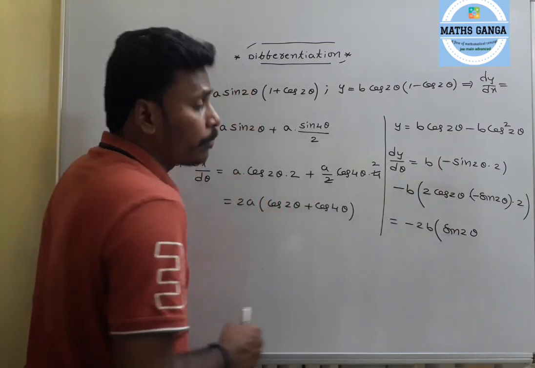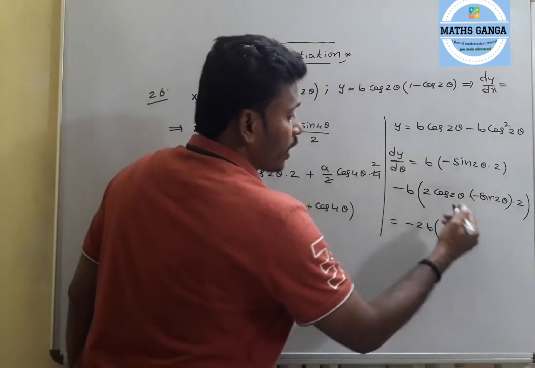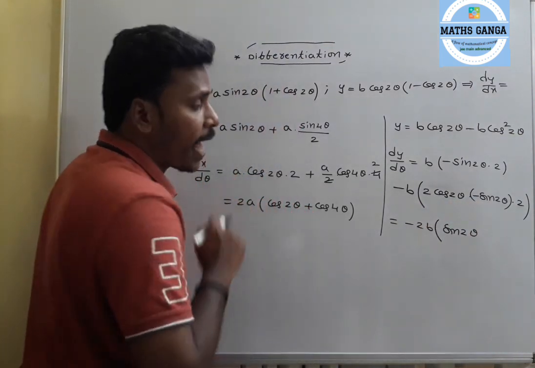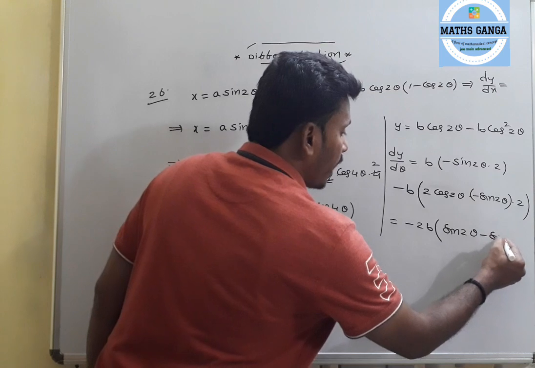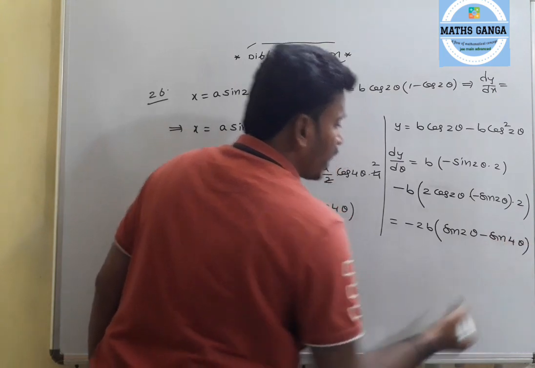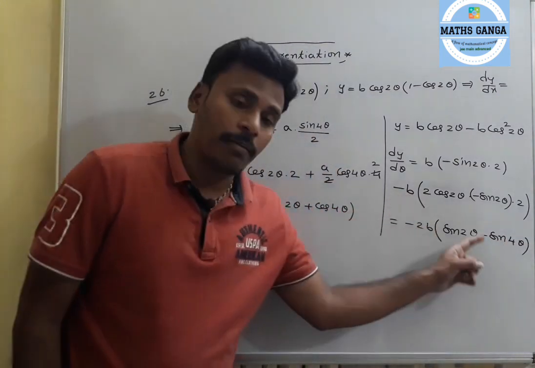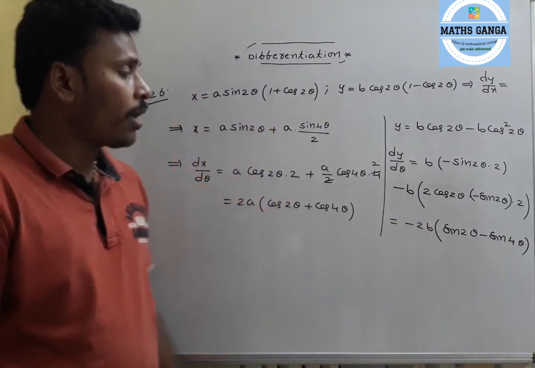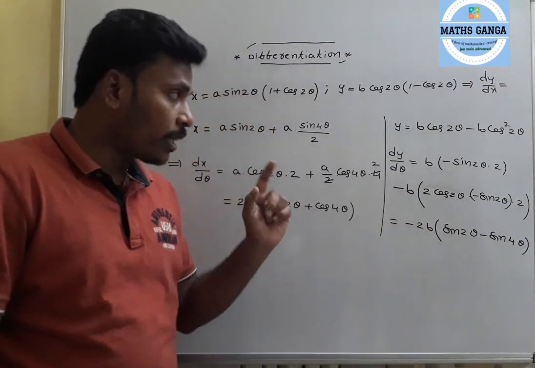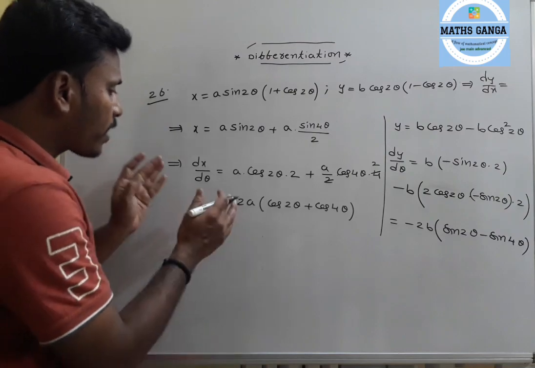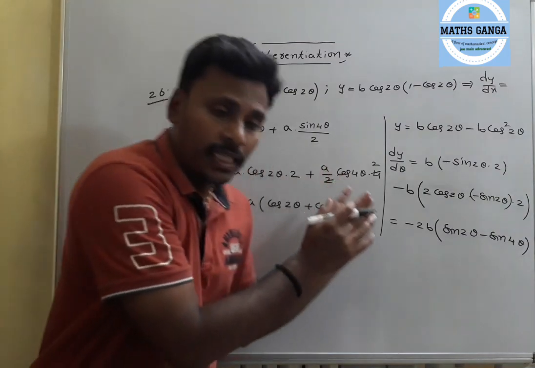Think about the second term, 2 cos 2 theta sin 2 theta can be written as sin 4 theta along with the minus sign, minus sin 4 theta. This is sin 2 theta minus sin 4 theta, along with the minus 2b. Okay, so we have dx by d theta here, dy by d theta there.